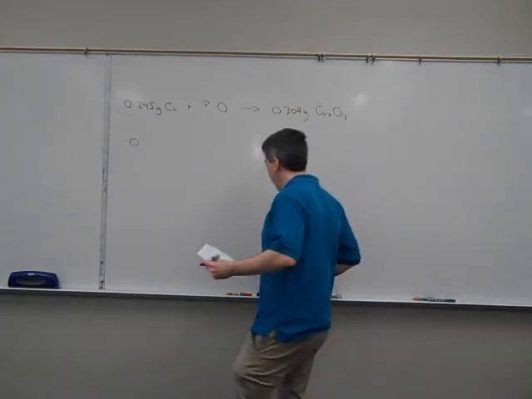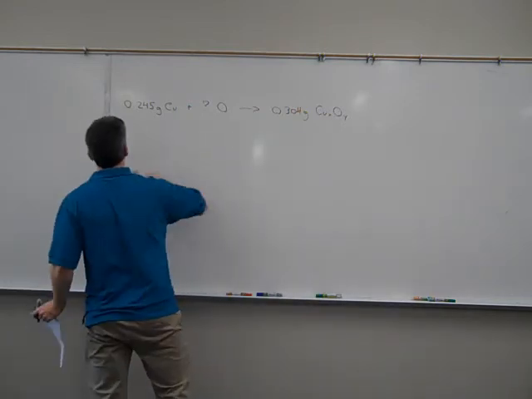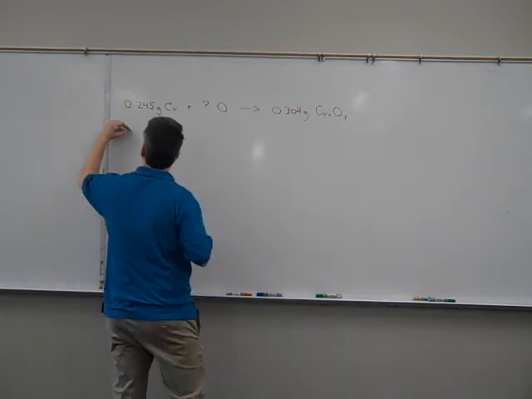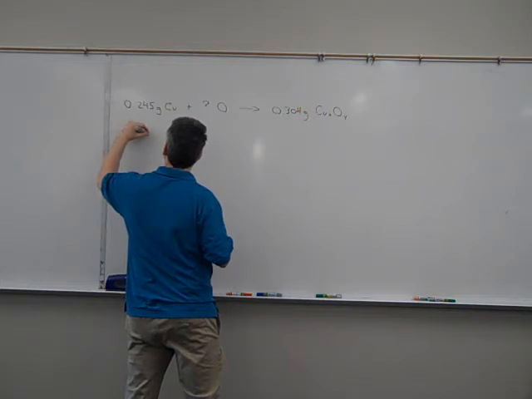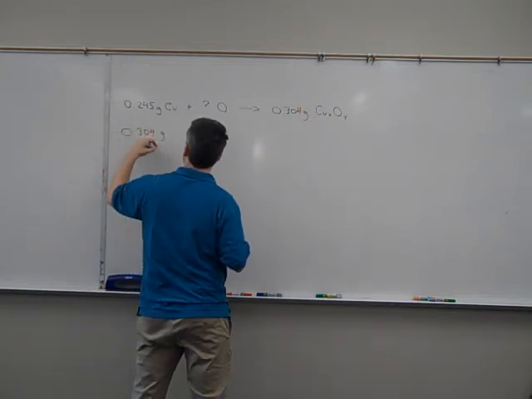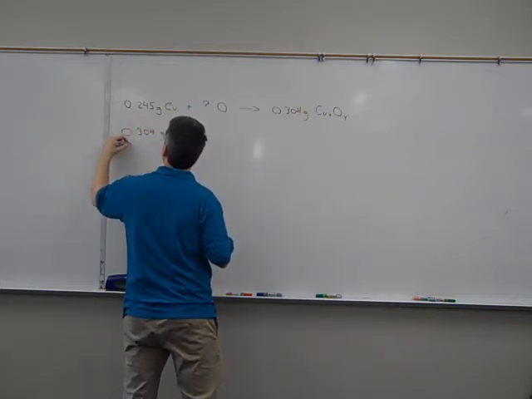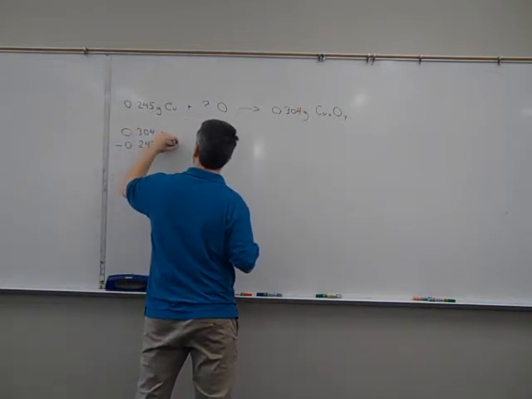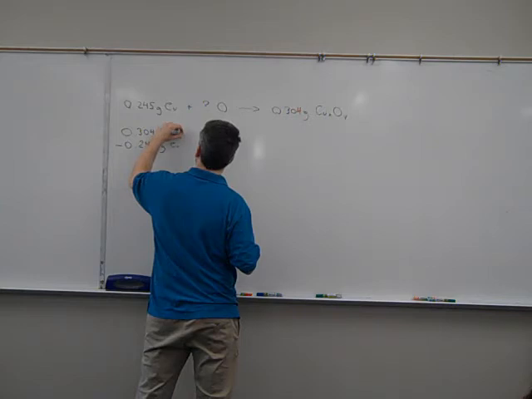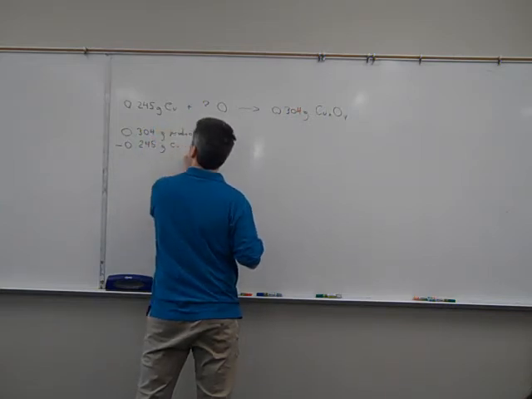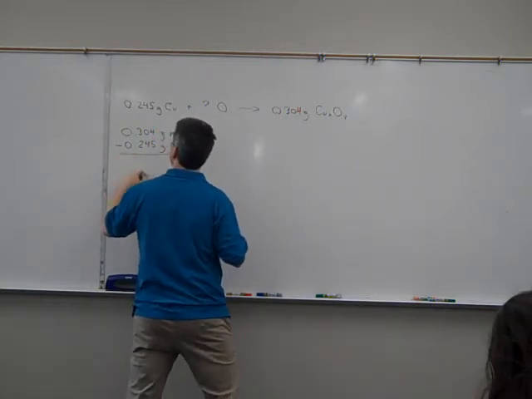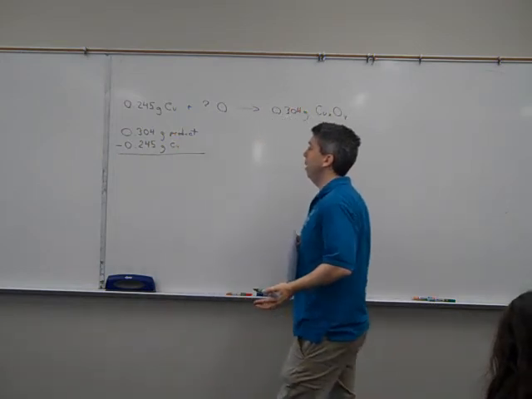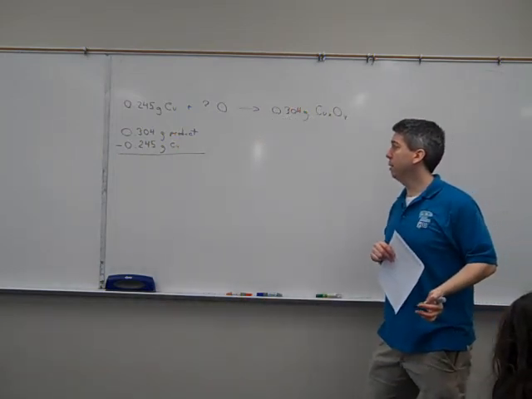So I can calculate my grams of oxygen by taking my 0.304 grams of product minus my 0.245 grams of copper that I started with, and that will give me my grams of oxygen.